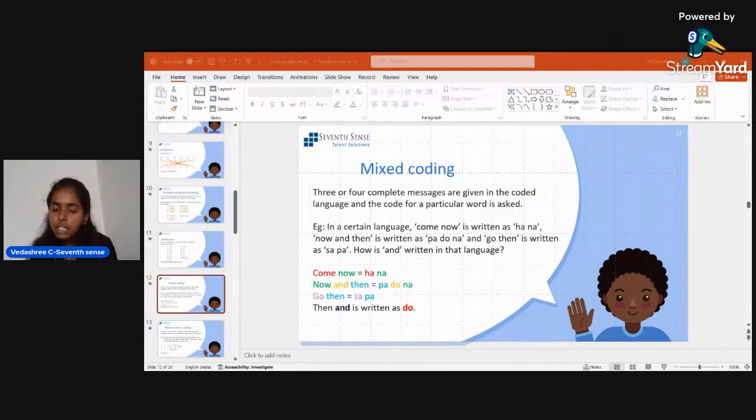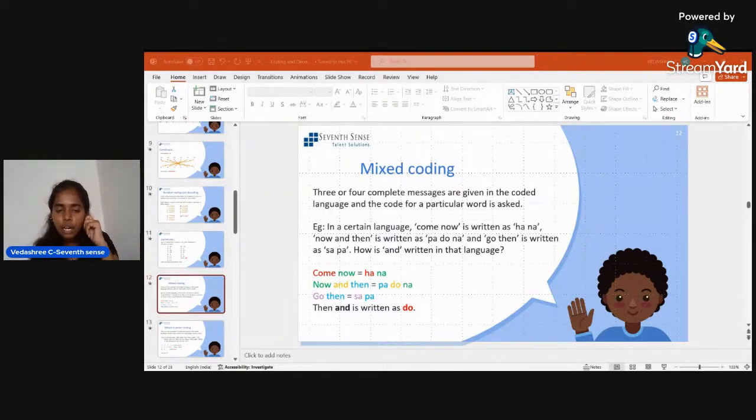So in this both, now is similar, now is common, right? So now we need to find out the common code in both these sentences. So for both come now and then, na is common. So come now and then, in this now is common. Ha, na and pa, do, na. In this na is common.